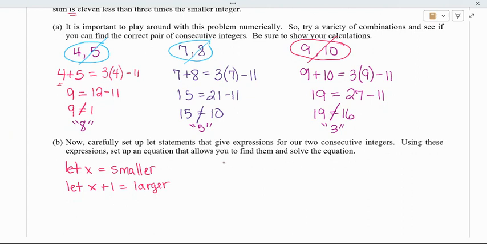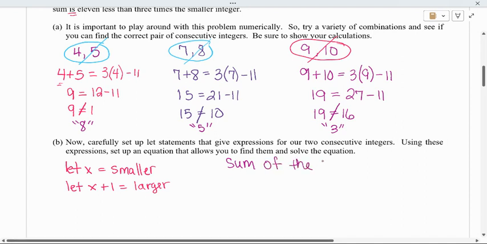Okay, let's try this. It says the sum of the two integers. I'm just going to write this down. Sum of the integers, so that means I'm going to take x plus x plus 1 is equal to 3 times the smaller, minus 11.